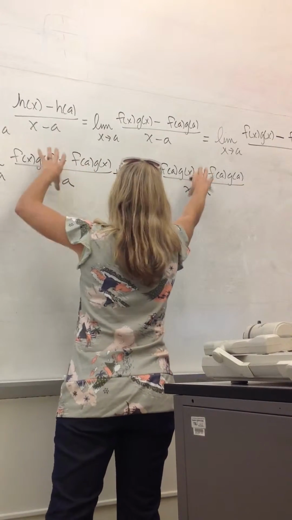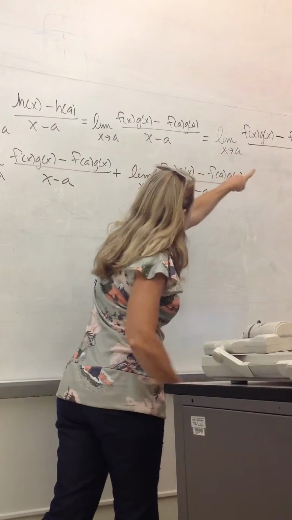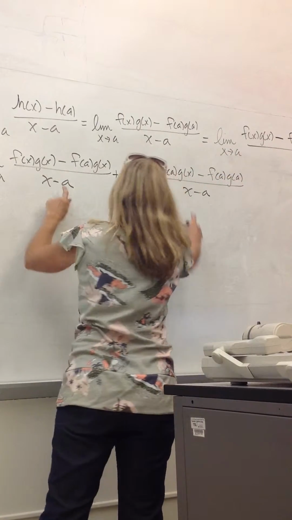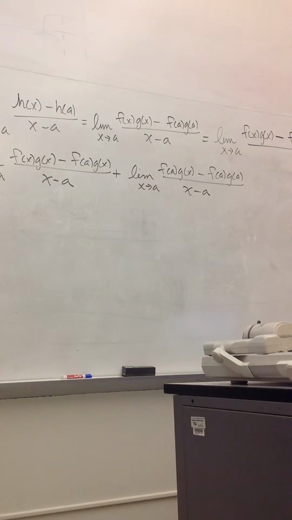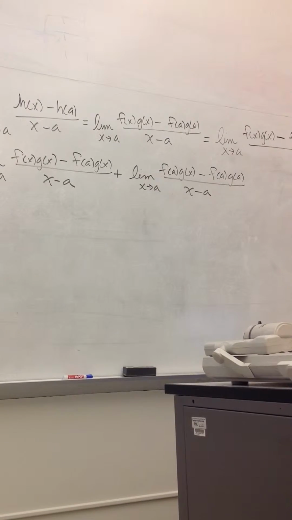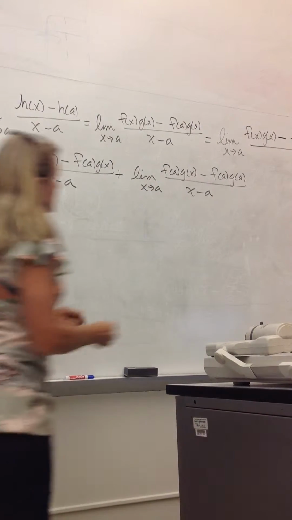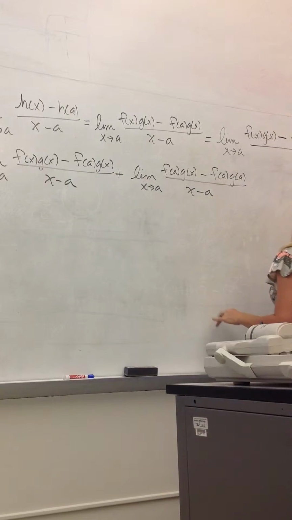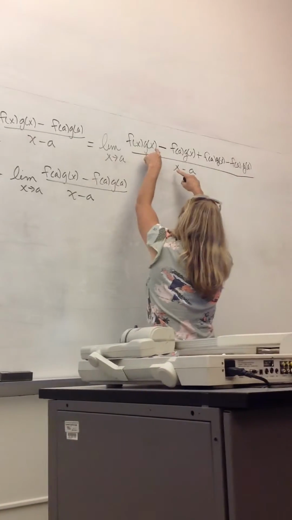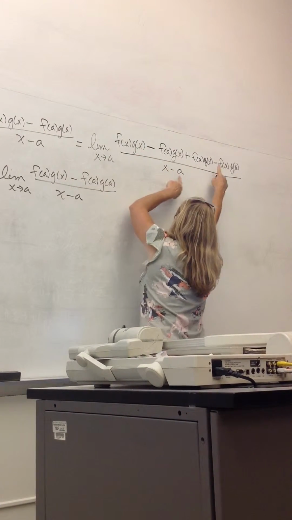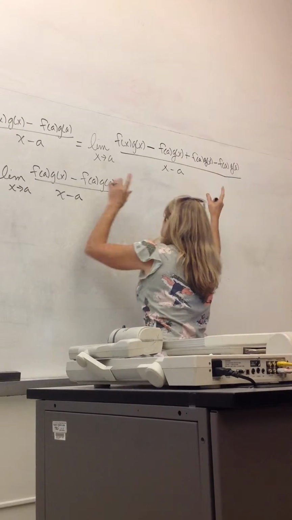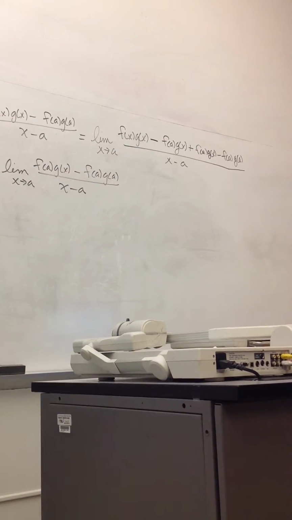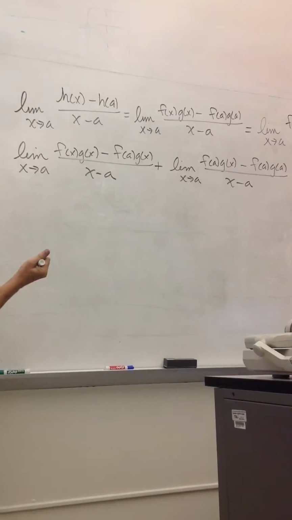So these two fractions have to add together to give me that fraction, so x minus a is the common denominator for the two. So I broke it here, and I took the limit of this plus the limit of that, and the two added together is equal to that one we have up there.